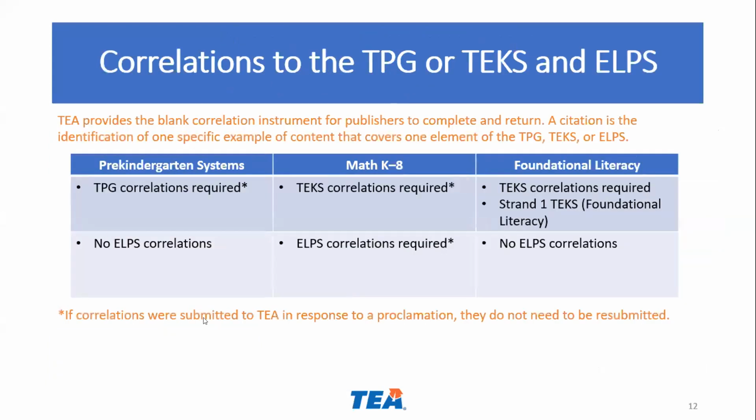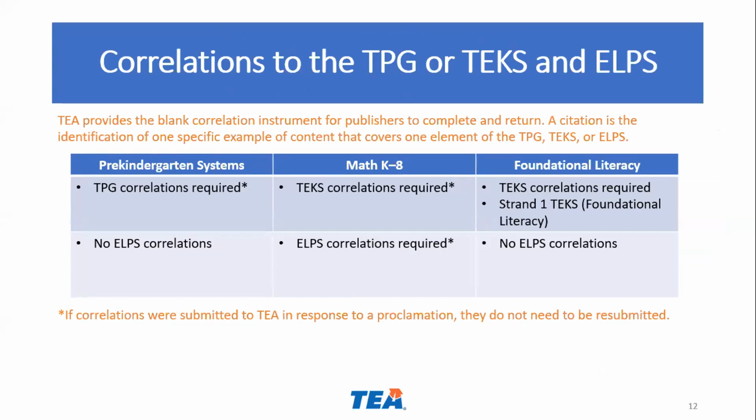Before we jump into questions you may have regarding TPG or TEKs and ELPs alignment, just a reminder that you were sent those correlation instruments, and the purpose is to have citations identify one specific example of content that covers one element.